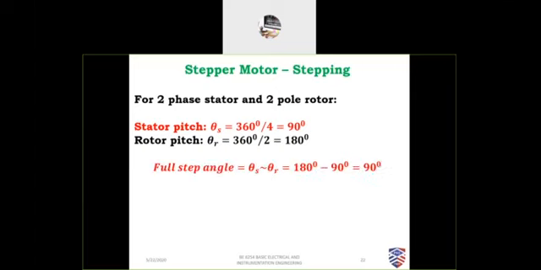Now we have the full step angle. It is the difference between stator and rotor; it's not minus and plus, you take the positive only. 180 minus 90 gives you 90 degrees. It's called the full step angle. But what we saw is the half step angle. So half step angle is 45 degrees.